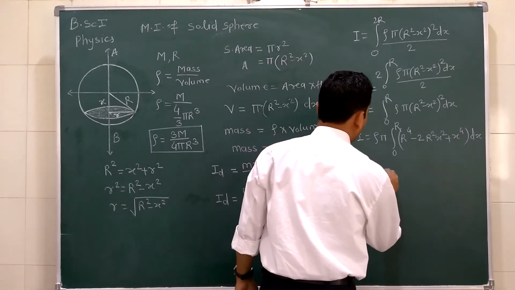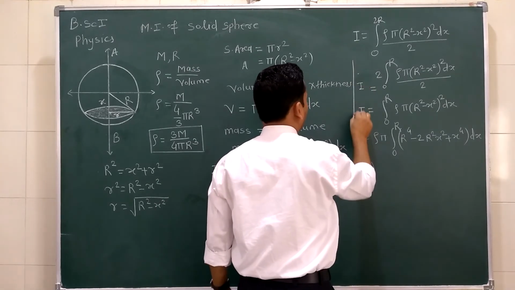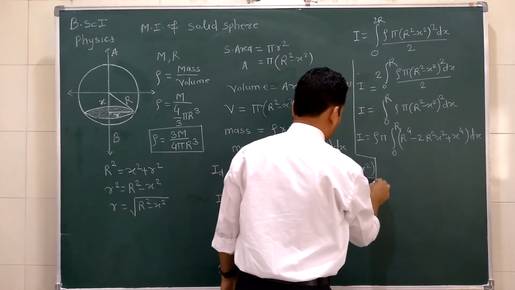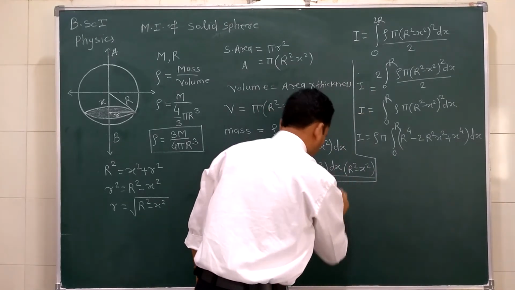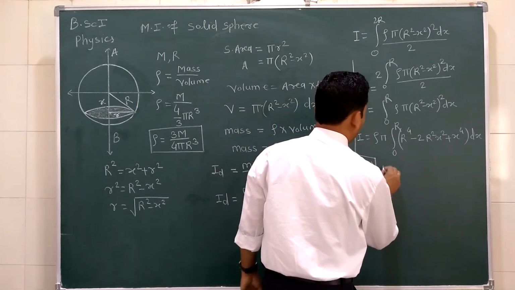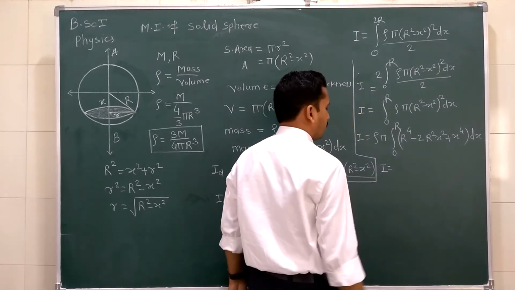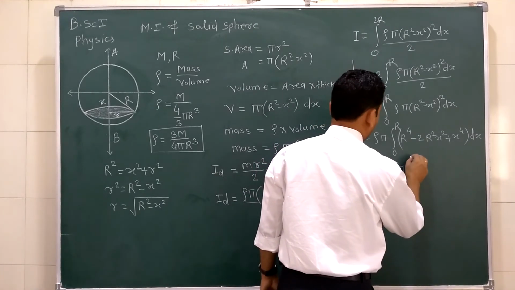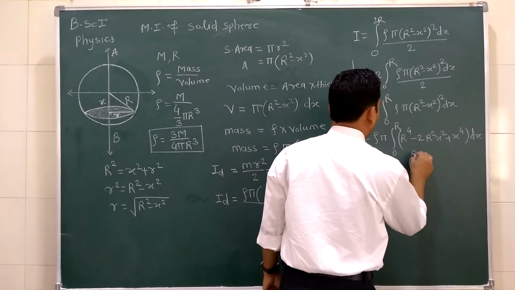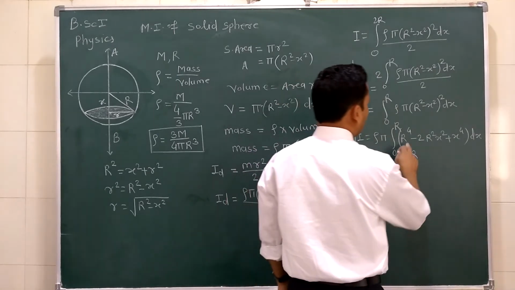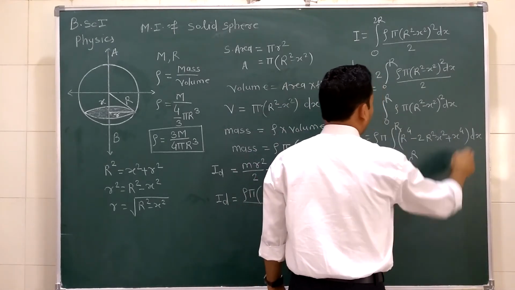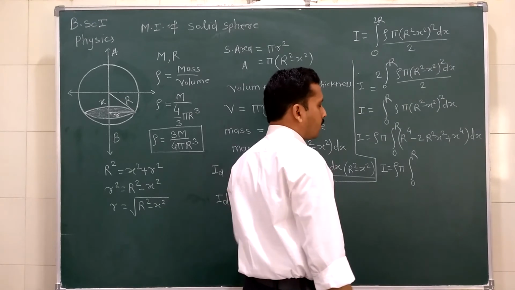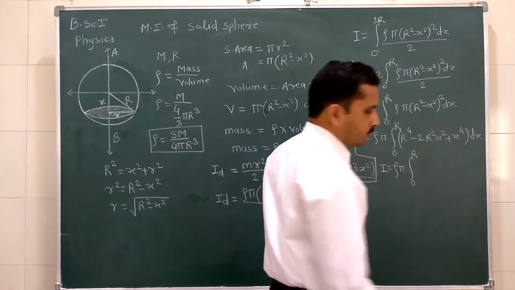So what is I equal to? I is equal to rho multiplied by pi, with the integration sign from 0 to r. We are taking the first term, that is r to the power 4 multiplied by dx, but this r to the power 4 is a constant.